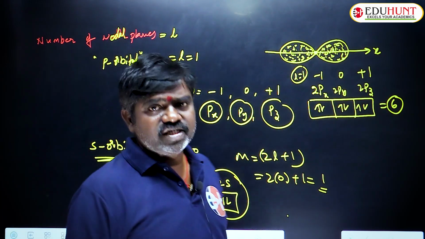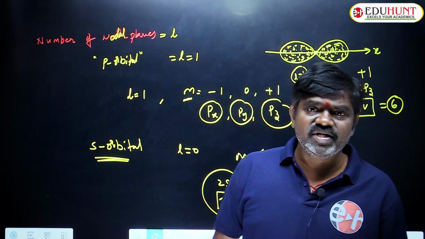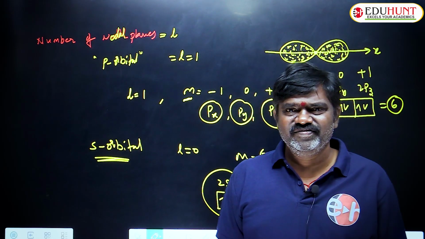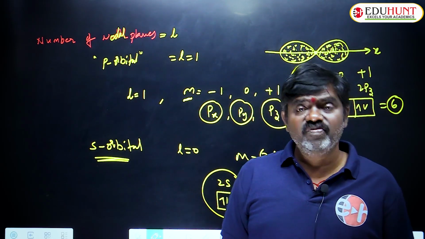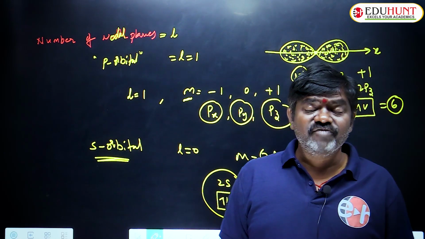The magnetic quantum number explains the number of suborbitals present in orbitals. For example, how many suborbitals are present in the f orbital?